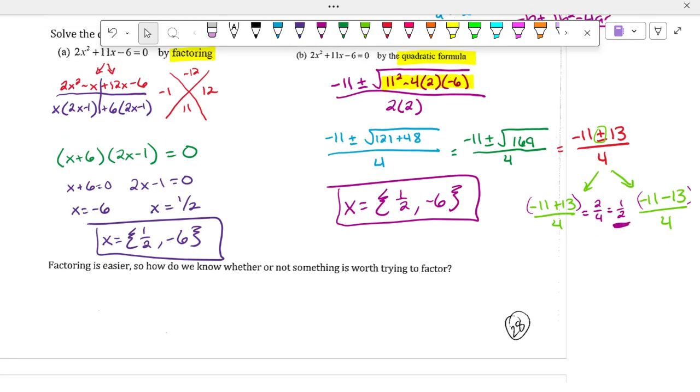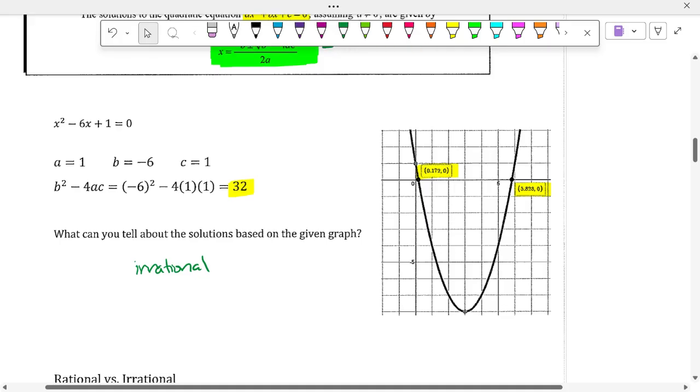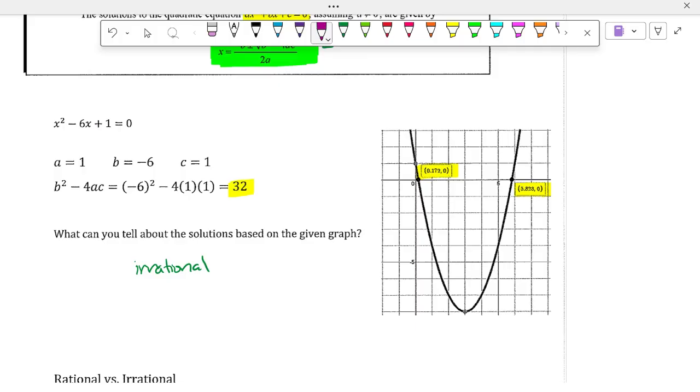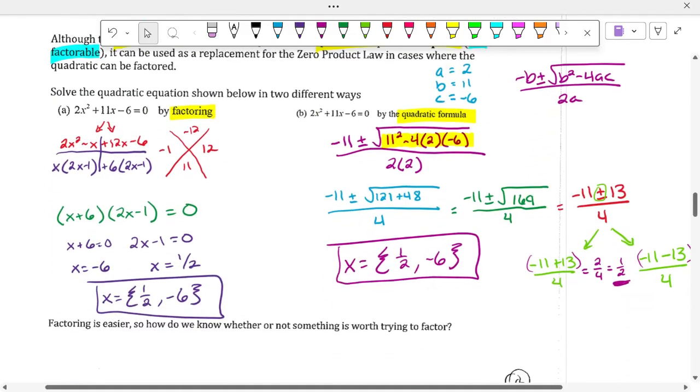All right. So for example, if I looked at the one on the previous page, if I did A times C, that would give me 1. 1 times 1 is 1. Is there any way I could find numbers that would add up to -6 for factors of 1? No. So that's an easy way to tell if it is factorable or not.